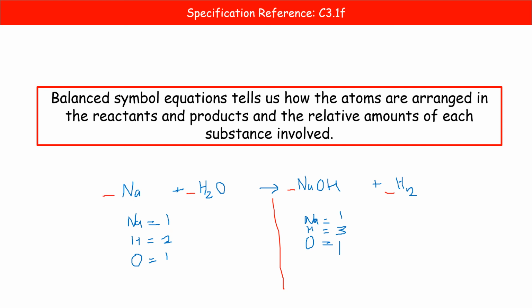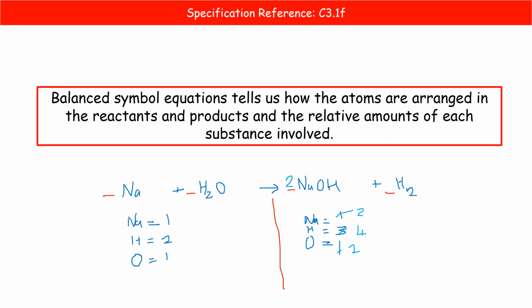Nowhere else. If you do anything else, you change the entire formula. It doesn't work. So what we're going to do here then is we are actually going to add our little 2 here, because that then means we're going to have 2 there. We've got 4 hydrogens and we've got 2 oxygens in that case.